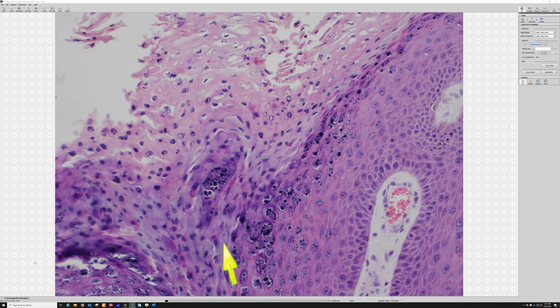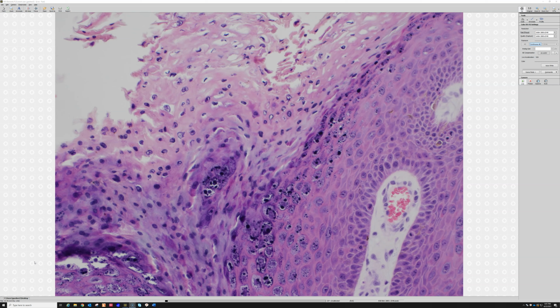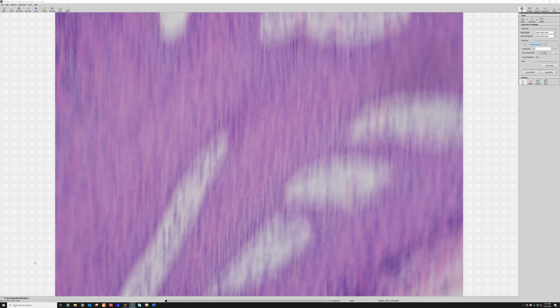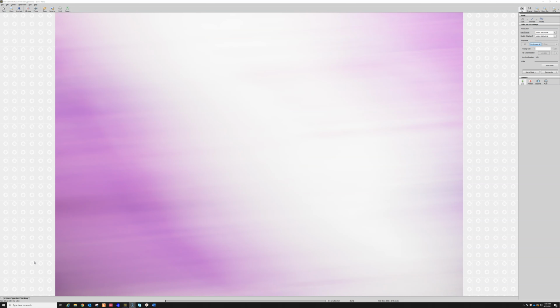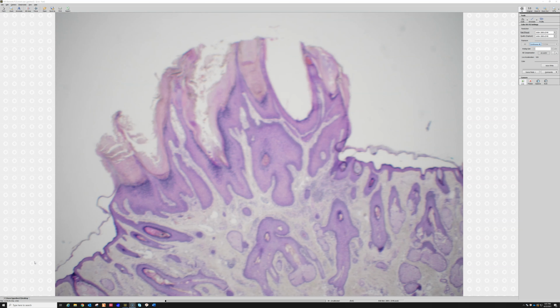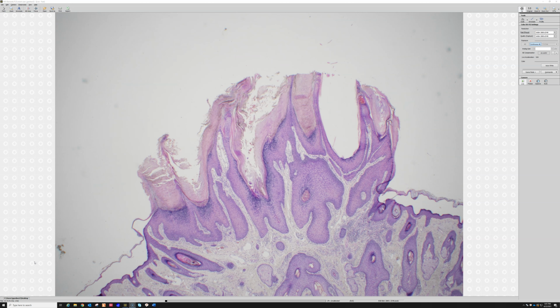And there's some more of that, really big nuclei in the parakeratosis here. Dilated vessels. Almost every wart I've shown today has dilated vessels. It's a very useful feature. And there's another one that's pushed up above the skin surface.